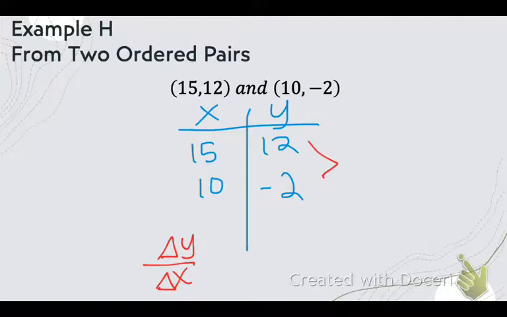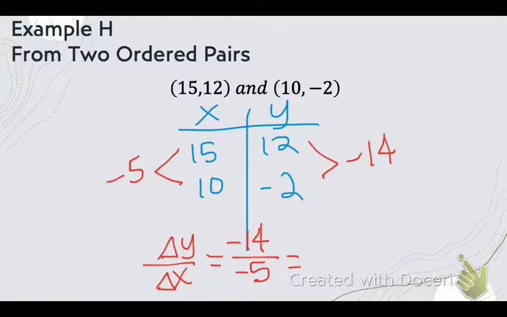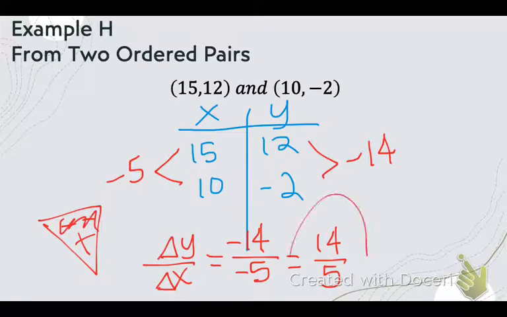That means I'm going downwards on my number line. I'm going down 14 places. And then on my x's, I'm going from 15 to 10. I'm going down 5 places. So if I put that into my slope ratio, I have negative 14 over negative 5, which simplifies down to 14/5, because my negatives cancel out. If I have a negative divided by a negative, it gives me a positive according to Mr. Multiple Division.